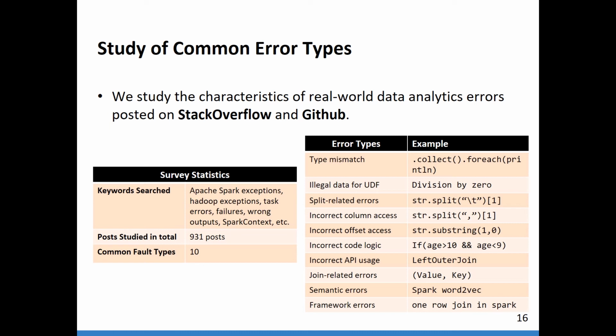We manually looked into all of these posts and we classified the errors into 10 common error types. For example, when the program tries to access a non-existent column, it will lead to an incorrect column access, or the data records are delimited by a comma when a space is expected.